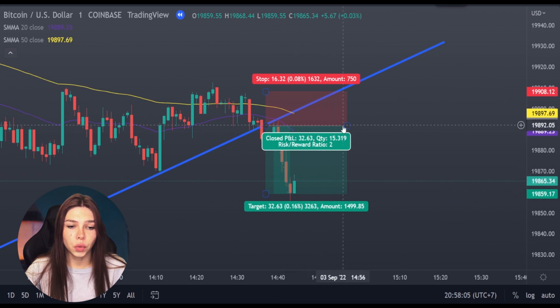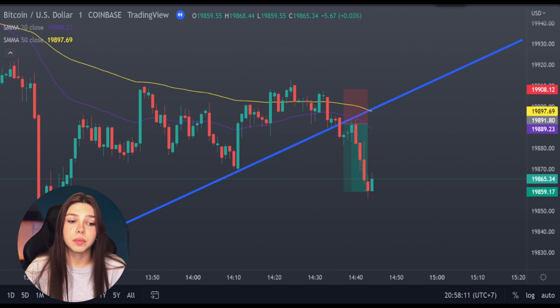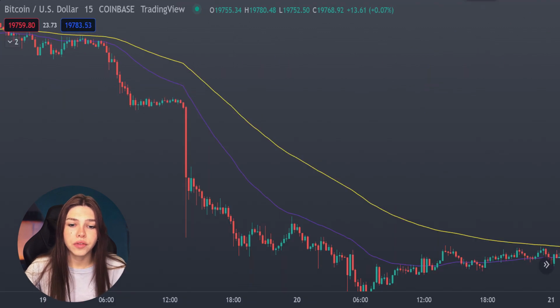This is a more professional way of trading, but it will ensure that you can open a profitable position much more often. You now know how the strategy works, so it's time for the back test session.